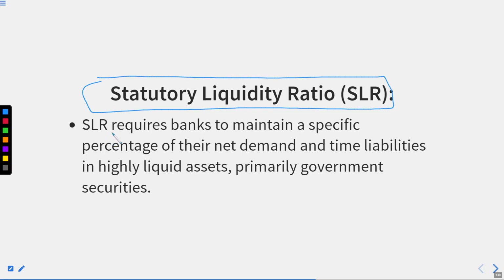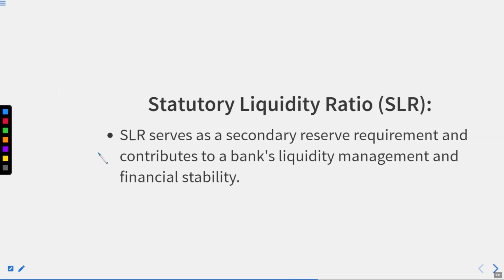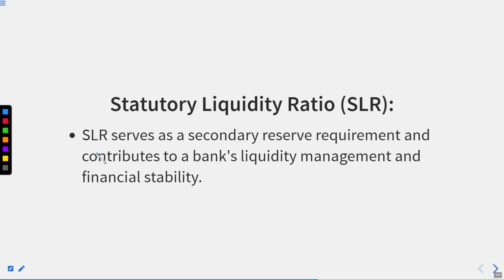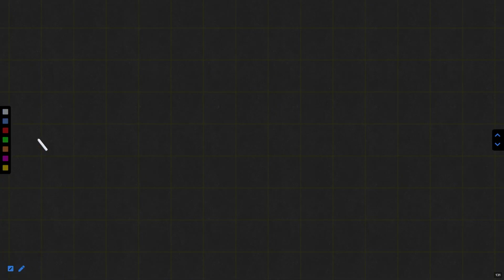SLR, in short, requires banks to maintain a specific percentage of their net demand and time liabilities in highly liquid assets, primarily government securities. SLR serves as a secondary reserve requirement and contributes to the bank's liquidity management and financial stability.